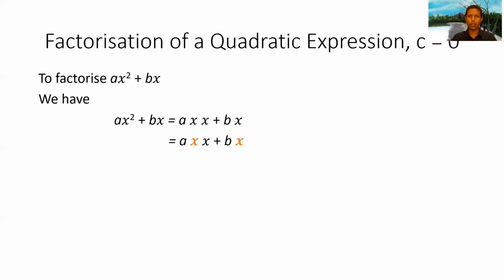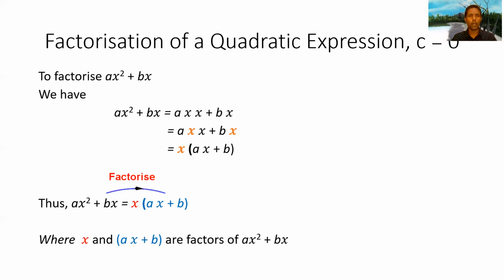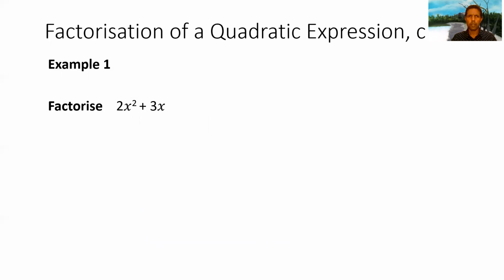Therefore, we can rewrite it as x into ax plus b. Thus, to factorize ax squared plus bx, we have x into ax plus b, where x and ax plus b are factors of ax squared plus bx.